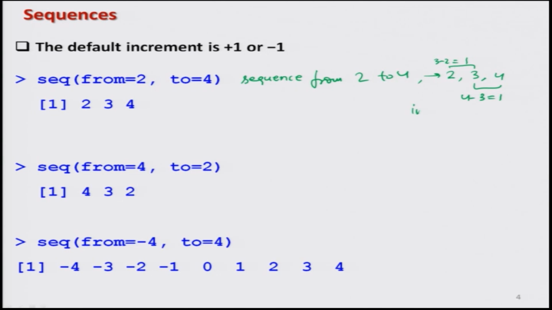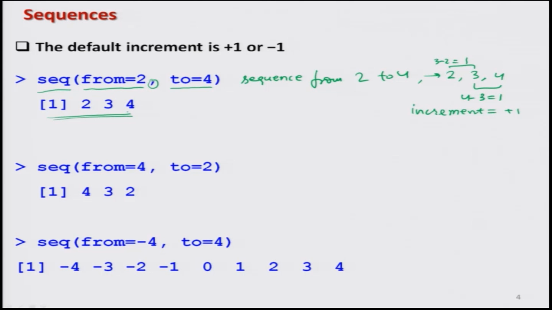So, the increment in each value is plus 1 unit. As soon as you write seq from equal to 2, separated by comma, and then to equal to 4, and enter, you get this outcome 2, 3 and 4.